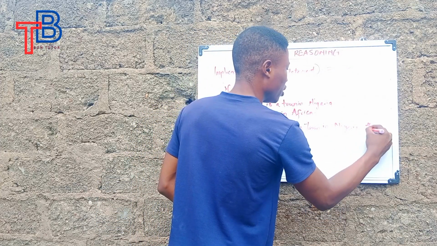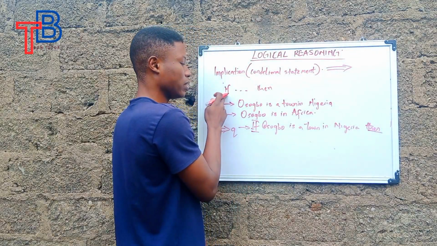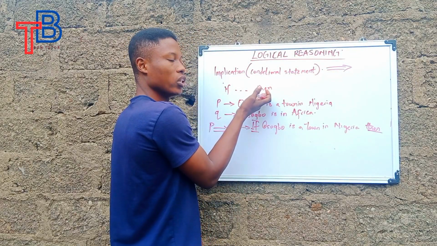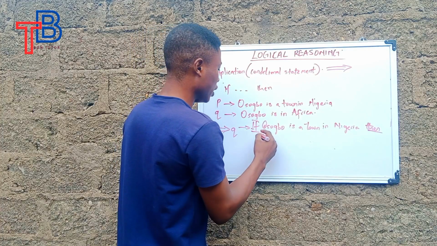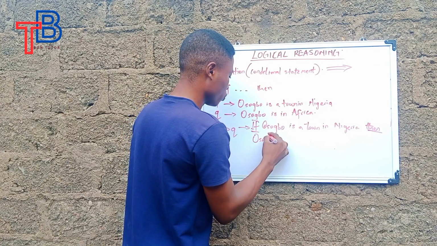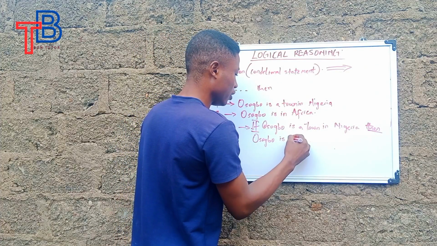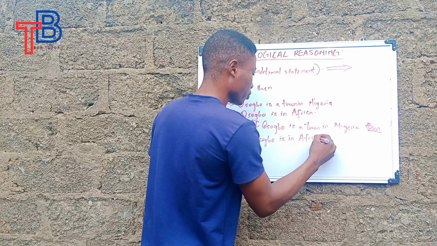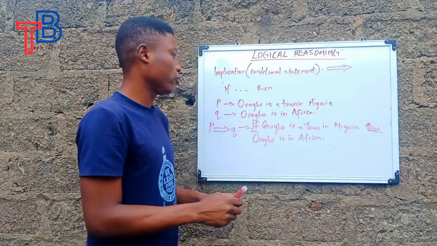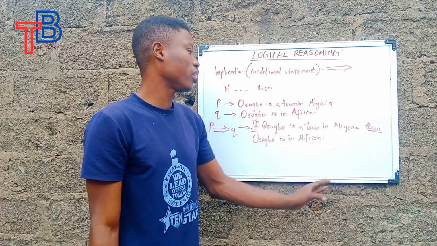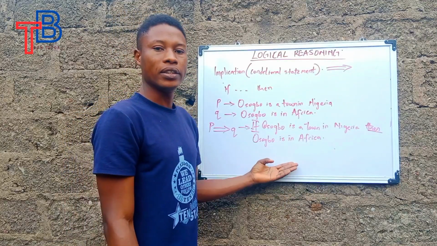You can see I've used the if to start the statement and the then comes in between the statements. I have joined the two simple statements together to become just one statement.